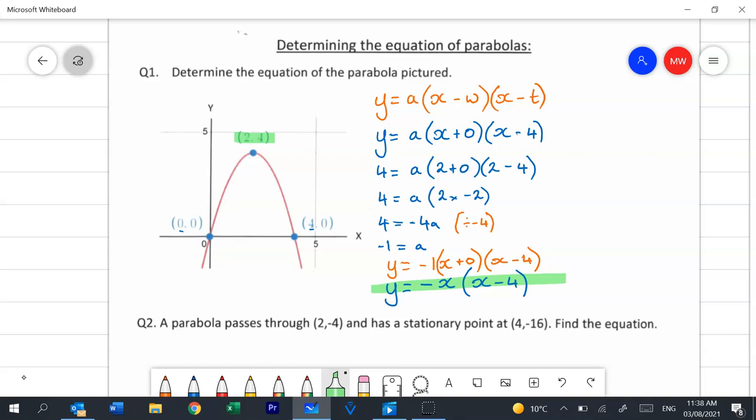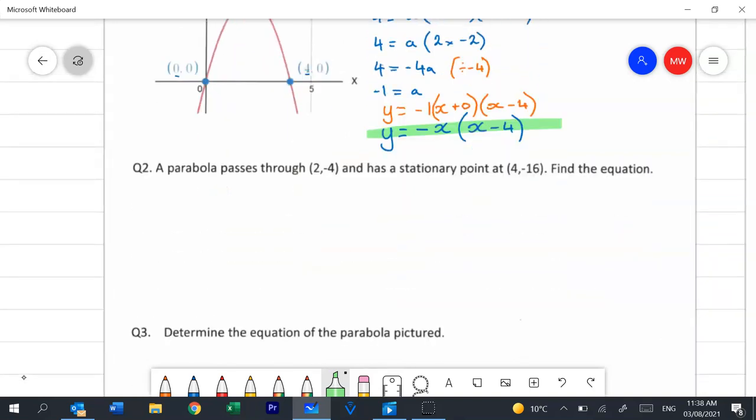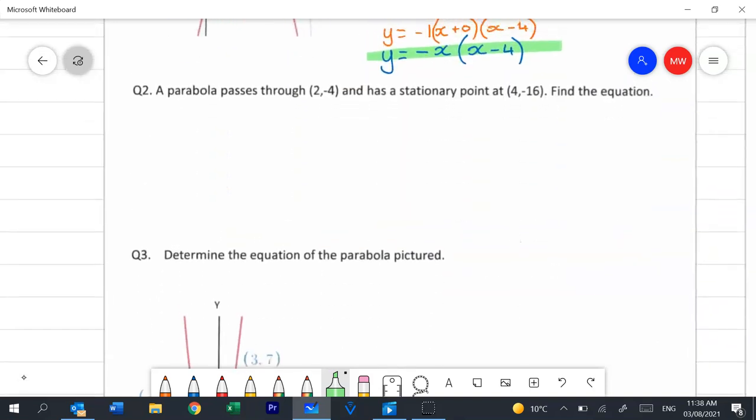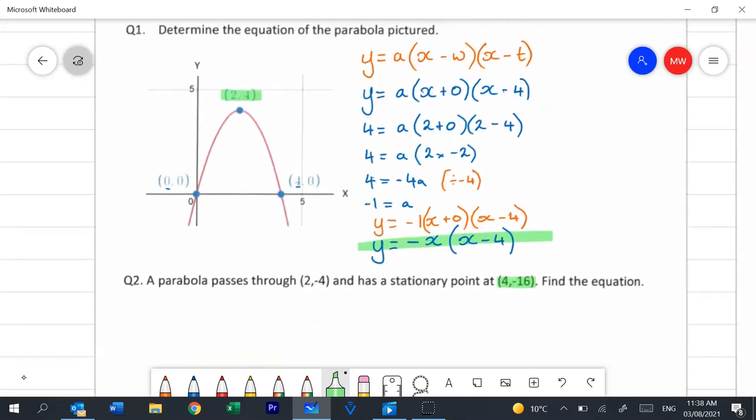Okay, moving on to question 2. Question 2 is a parabola that passes through this random point (2, negative 4) and has a stationary point at (4, negative 6). Now, a stationary point is also another name for the turning point. So in this question, we can't use the form we did above.